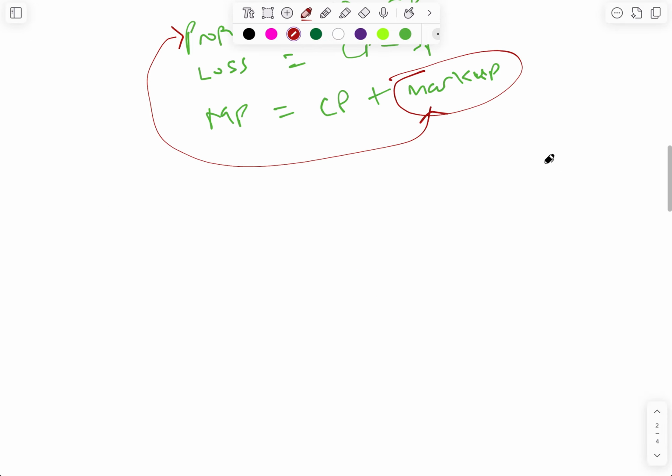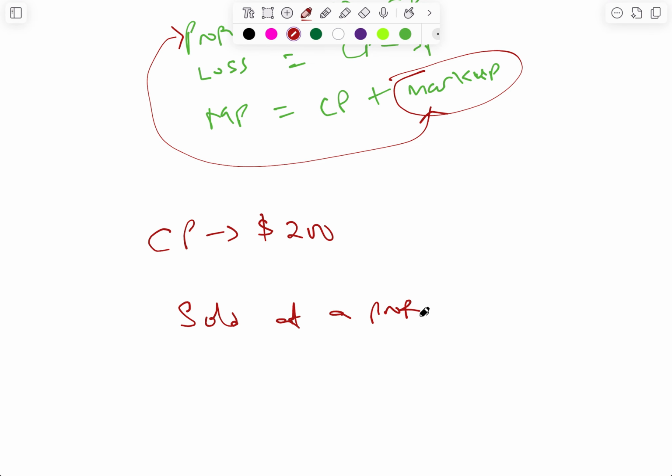So for instance, if someone says that the cost price of something is 200 USD, and let's say the thing was sold at a profit of 25%.